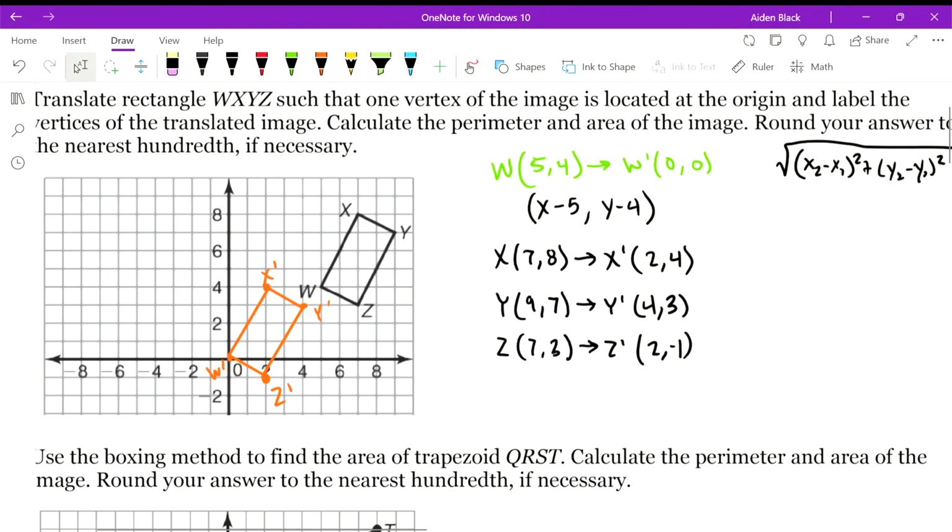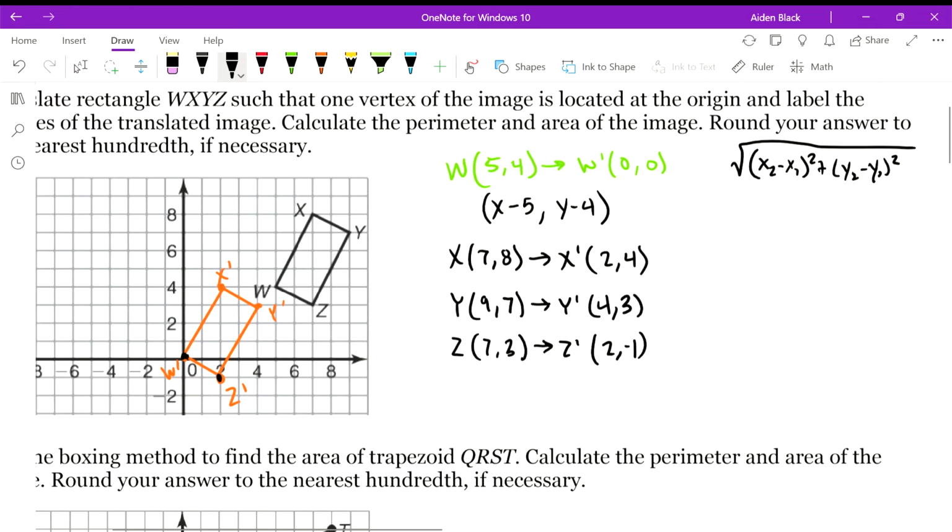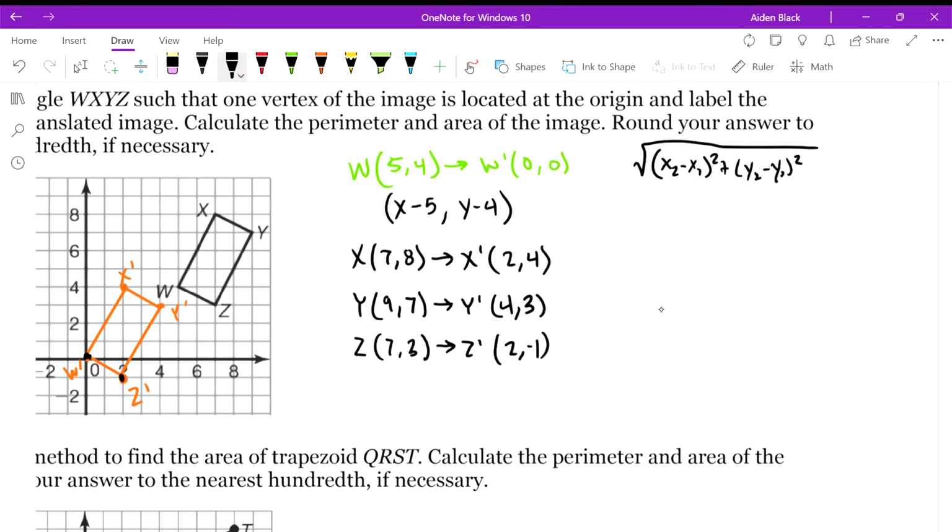Now, if I wanted to find the distance from W prime to Z prime, in other words, the width of the rectangle, I can just use the distance formula using Z prime and W prime.